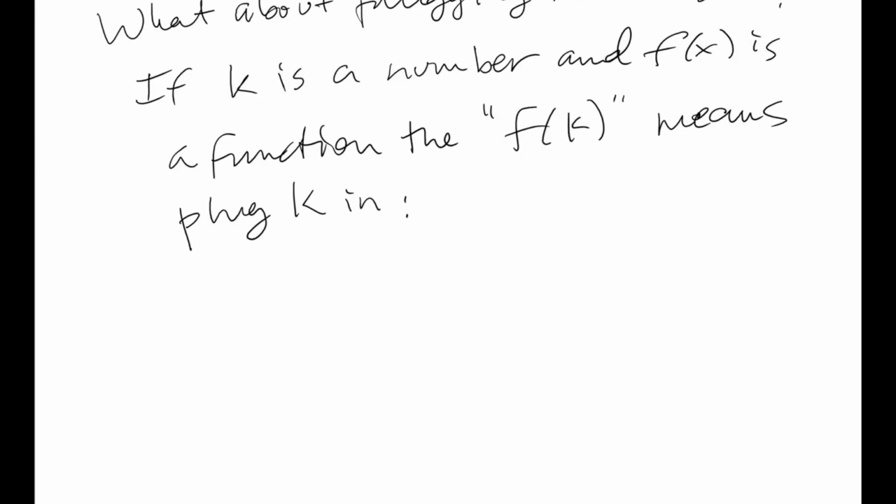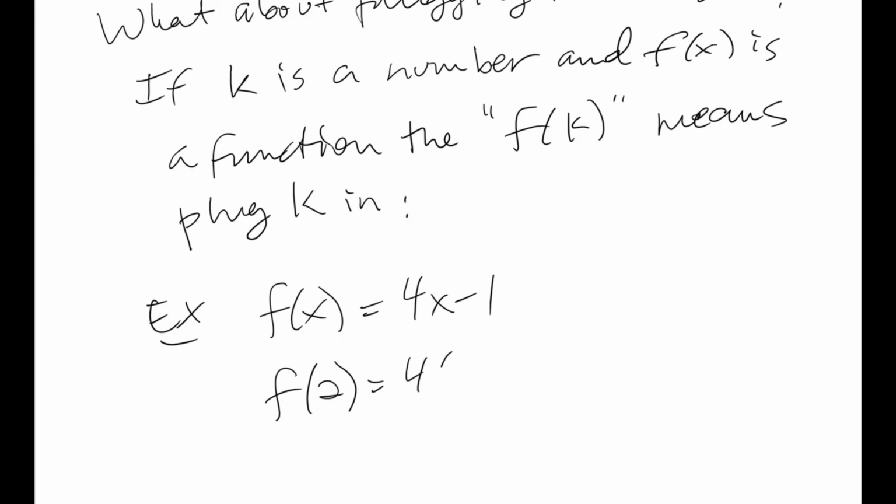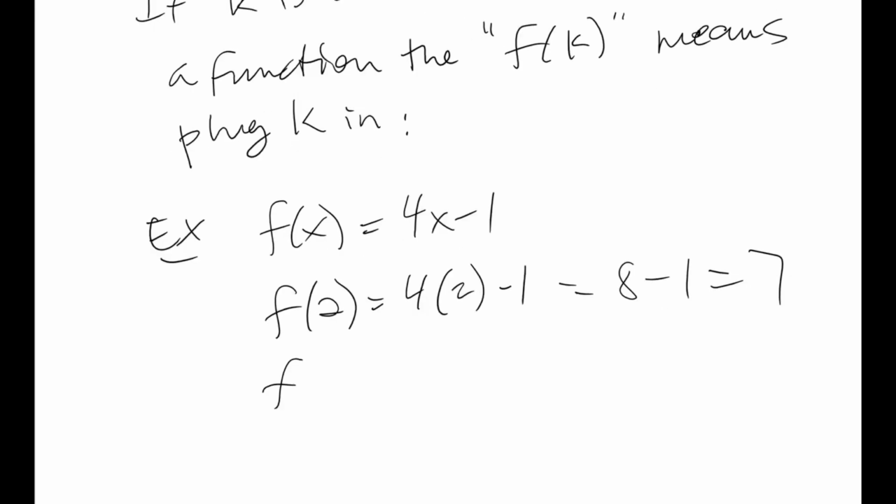So for example, if I have f of x equals, I don't know, 4x minus 1, f of 2 would be 4 times 2 minus 1, which is 8 minus 1, which is 7. We can play this game with a lot of numbers. f of negative 1 would be 4 times negative 1 minus 1, which would be negative 4 minus 1, which would be negative 5.